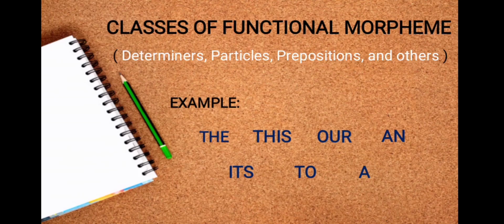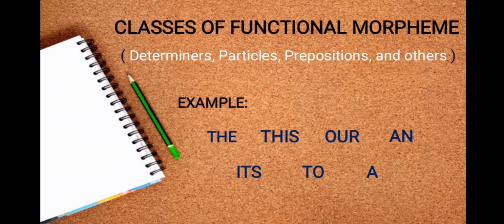All of these words belong to determiners, particles, and prepositions. So, this is how we define the classes of functional morpheme. Just try to remember that these classes are also called supporters because they are the ones who make the sentence complete and meaningful. Without them, sentences will be crippled. That's how important these classes of functional morpheme are.